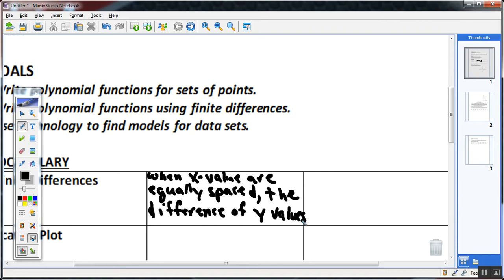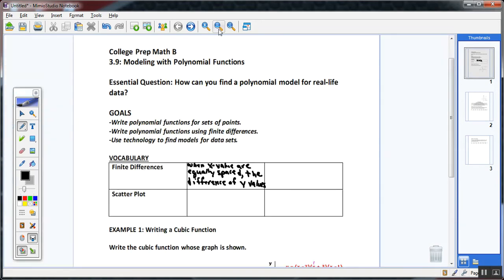Okay, so this here says when x values are equally spaced, it's the difference of consecutive y values that we're looking at. So get that down first, and I'll show you what this means. It says when x values are equally spaced, it's the difference of y values.